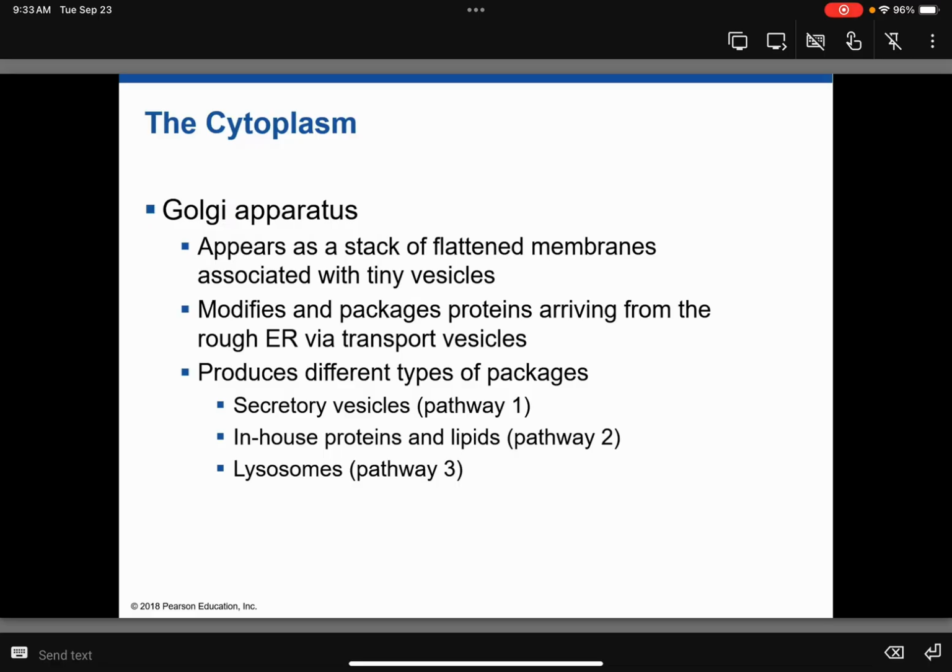So pathway 1 is showing a secretory vesicle, meaning that it's going to fuse with the plasma membrane, and it's going to excrete whatever is in the vesicle. So that is outside of the cell.